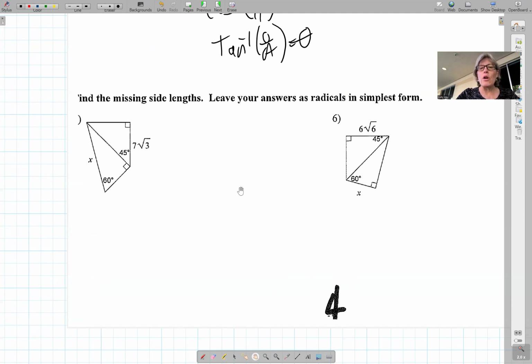All right. 45, 45, 90, leg, root 2. And 30, 60, 90, short leg, root 3, short leg times 2. So going here, 45, 45, 90, leg, root 2.